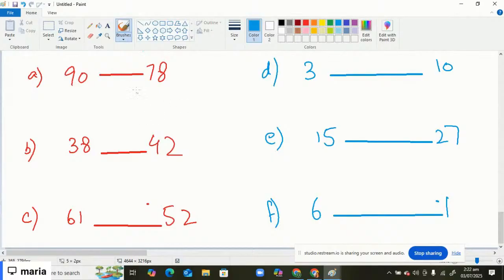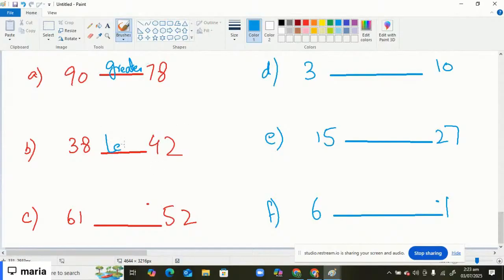So 90 is greater as compared to 78. Okay. Now let's move to the next. Very good. First option is greater. Now what is the second option? So what is the second option? 38 and here is 42. 38 is less.